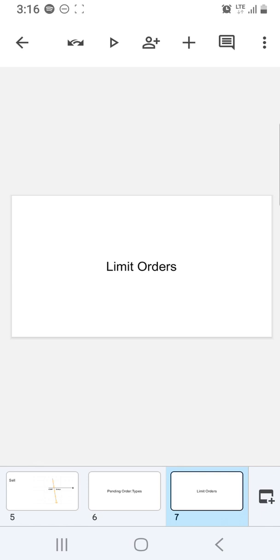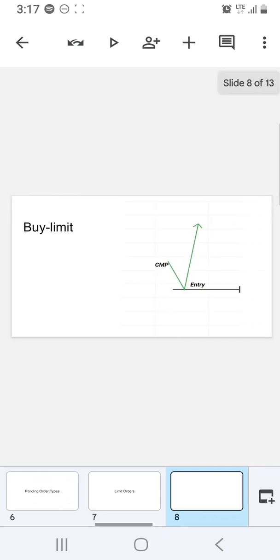And at that price, you're also expecting a turnaround. You want that threshold to be your entry. So this is what a limit order is.